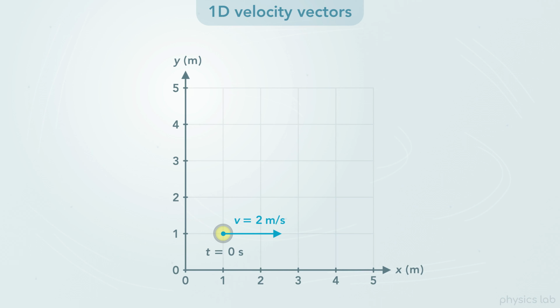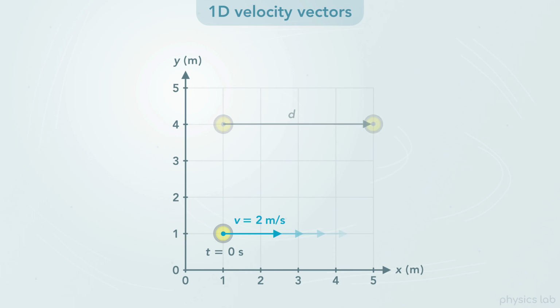So the velocity of the stone is 2 meters per second, but how long should this vector be? Drawing a velocity vector is a little different than drawing a displacement vector. Displacement vectors are unique because displacement includes an initial and a final point. So we could draw the vector connecting the points in 2D space.